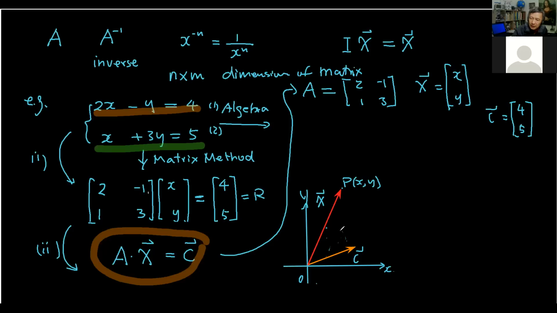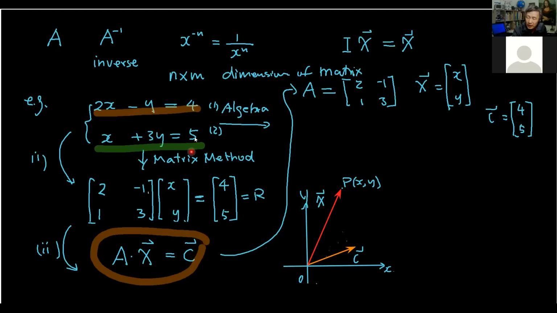Now in this equation, what happened is that if we take the x vector and multiply it by the coefficient matrix, then we can obtain the new vector.